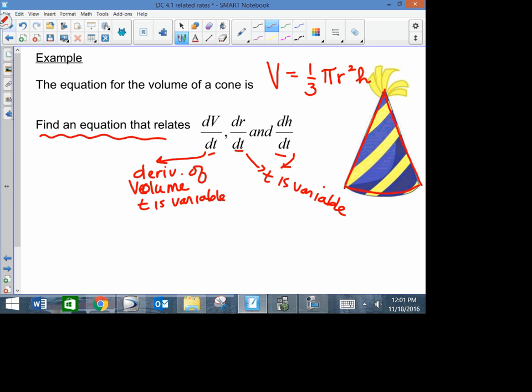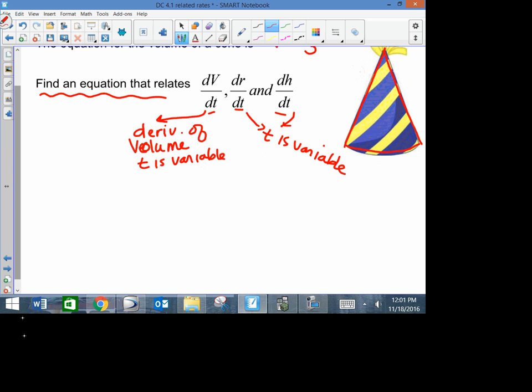Now, we have several variables going on, so this is how we're going to do it. We're going to take the volume equation of a cone. The cone one comes up a lot, sphere one not so much. Okay, and we're going to take the derivative of each side. Now, because we're doing a derivative with respect to time, it's all implicit differentiation.